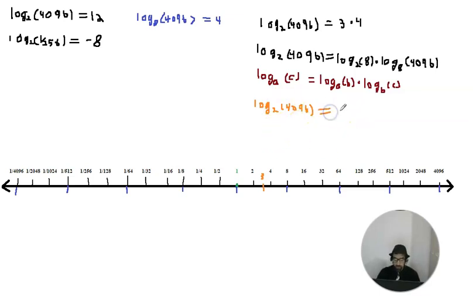That can equal log base 2 of 3 times log base 3 of 4096. And so if I wanted this log with a weirder base, right, I could just divide by this log base 2.